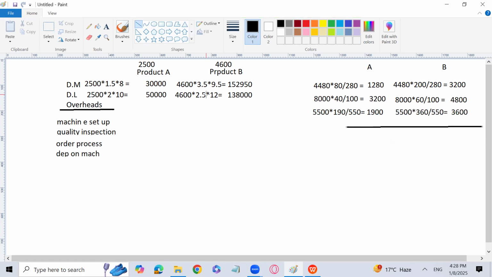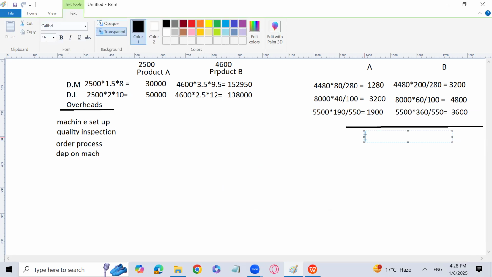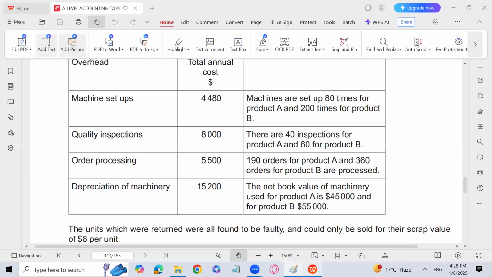Before entering these data into the question, I am going to go for the total of this. So I want you to find the total of the calculation. Oh, sorry, depreciation of machinery. So for depreciation of machinery, 15,200 and 45,000 and 55,000.